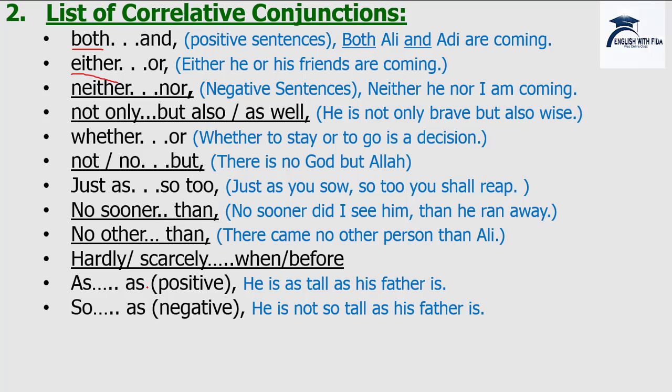This is usually used to express adjectives: as tall as. Then so...as, again with adjectives but after a negative statement. I have told this in my lecture on adjectives. So these are the pairs you are supposed to keep in mind.